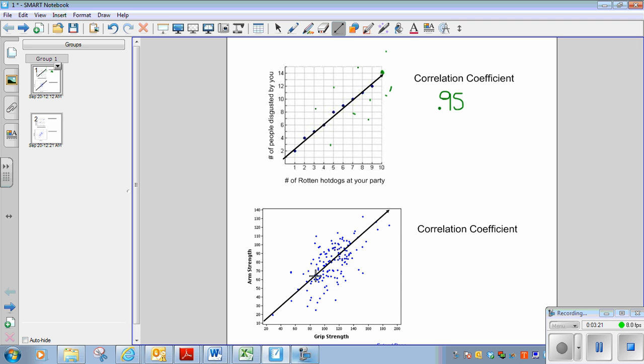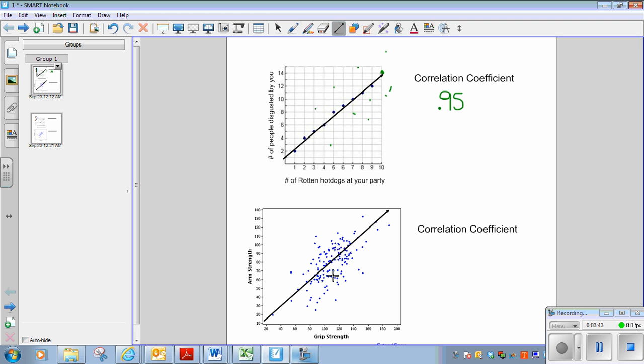But no matter what best fit line you choose, these dots are not a straight line. And so you're like, well, I can kind of tell what the relationship is, in that if I have people with more grip strength, they're kind of going to have more arm strength, but there's no definite prediction going to go on.